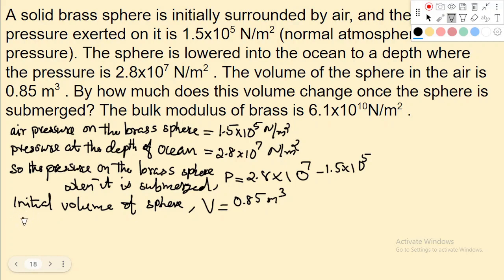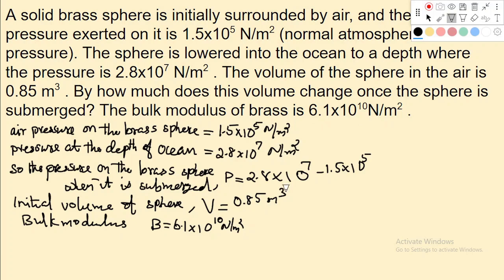Bulk modulus of brass, bulk modulus B, is equal to 6.1 into 10 raised to 10 Newton per meter square.